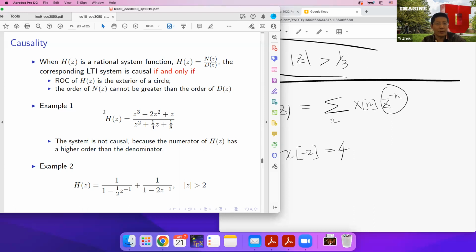So for example, for this LTI system, it is not causal because we can see that infinity is a pole of the system. Therefore, the ROC does not include infinity. In that sense, it is not causal.